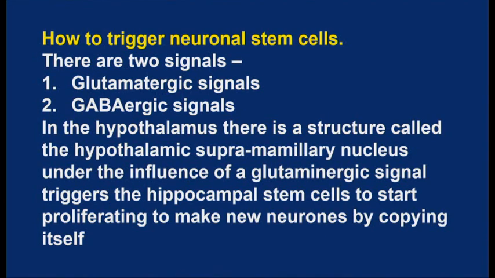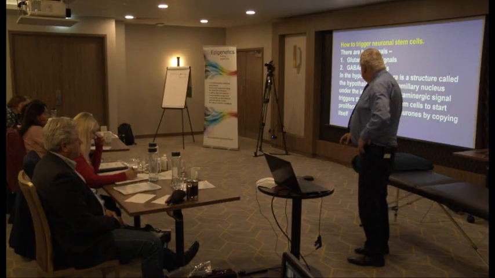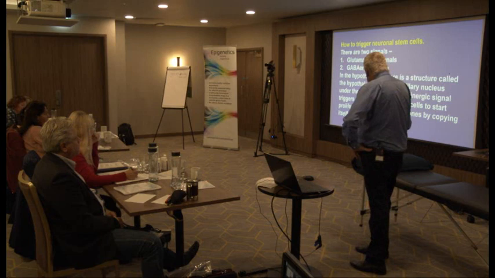In the hypothalamus, there's a structure called the hypothalamic supramammary nucleus. Under the influence of glutamatergic signal triggers, the hippocampus stem cells start to proliferate to make new neurons by copying itself. So glutamic acid is an acid which we can make ourselves. It's a non-essential amino acid, and we can get it from certain foods.